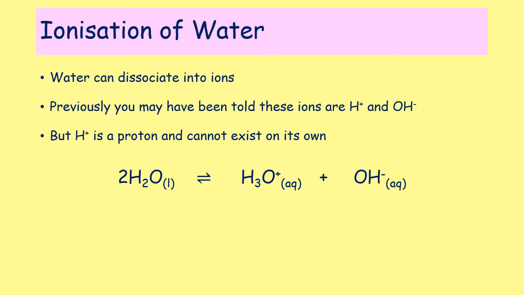What's happening in this ionization process is that the hydrogen of one water molecule, which is forming a hydrogen bond to the oxygen of another water molecule, ends up completely jumping ship and moves over to that second water molecule, leaving a hydroxide ion and forming an H3O+ ion.